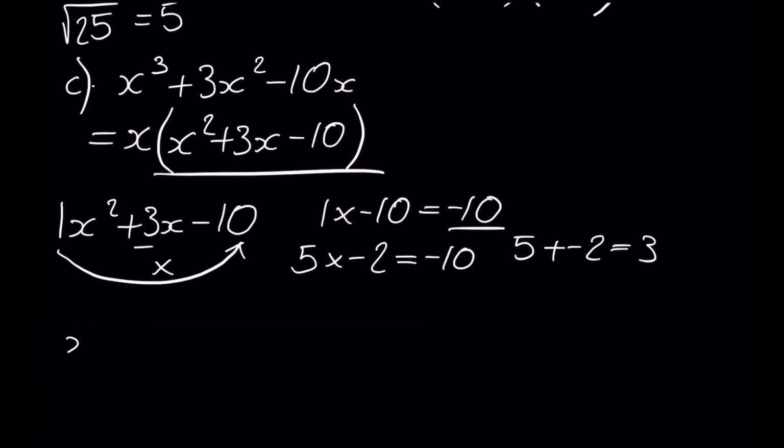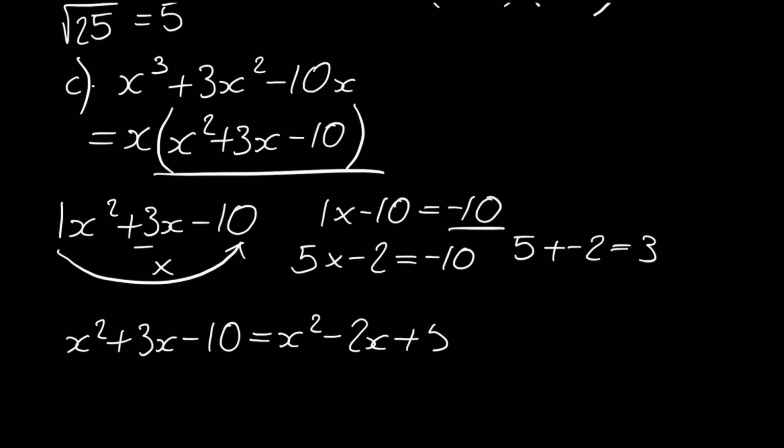So we can rewrite x squared plus 3x minus 10 as x squared minus 2x plus 5x minus 10.